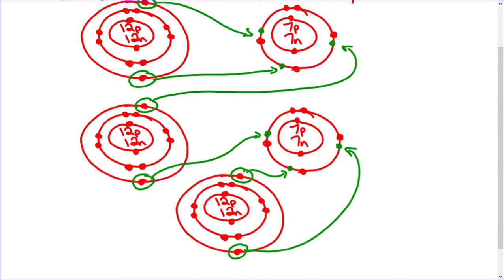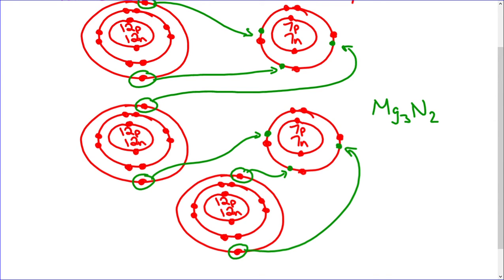So everything's stable. The electrons are where they need to be to maximize each ring. And if I count my overall atoms now, I ended up with 3 magnesiums to balance out 2 nitrogens. And so Mg3N2 would be the formula that would work for magnesium and nitrogen.